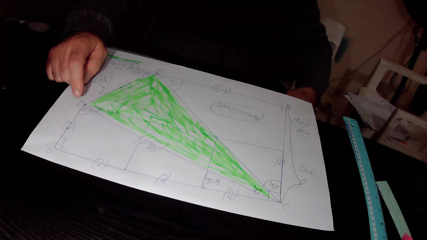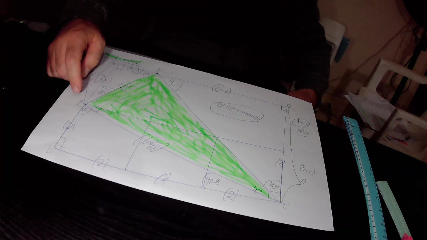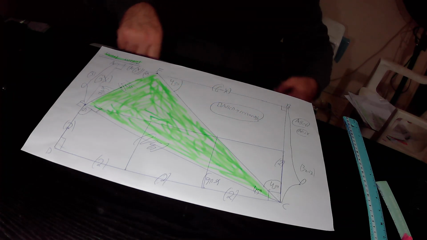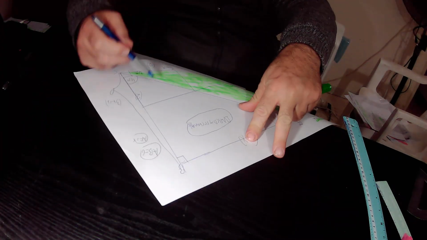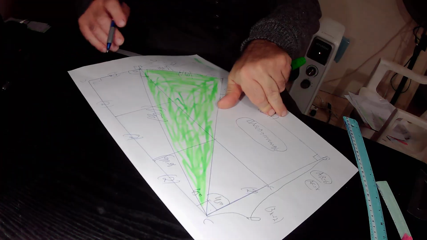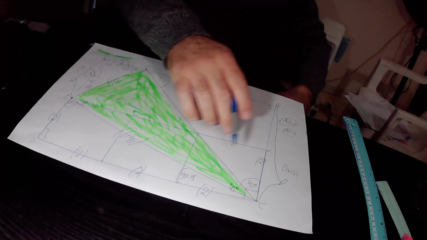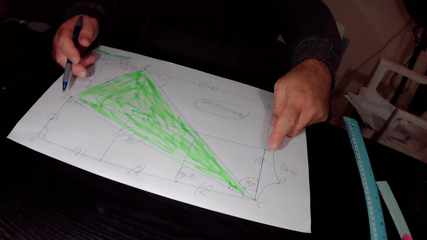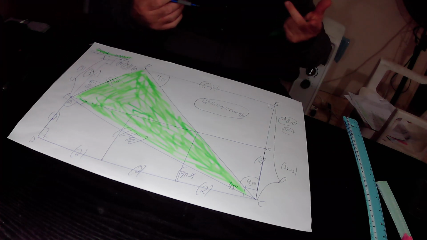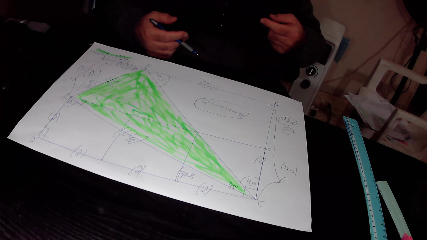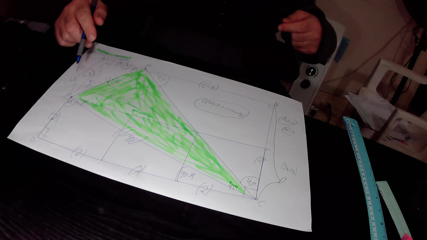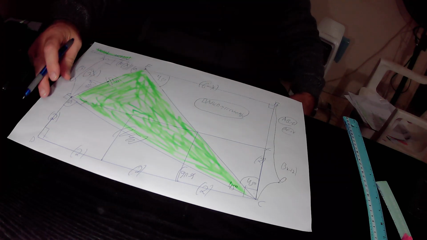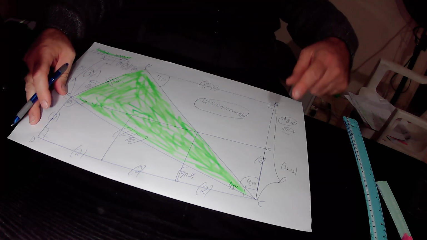So in total, this quadrangle EGCD has 4 right angles, and therefore it is a rectangle. But we also know that the opposite sides of a rectangle are parallel to each other. So in rectangle EGCD, ED is parallel to the opposite side CG.